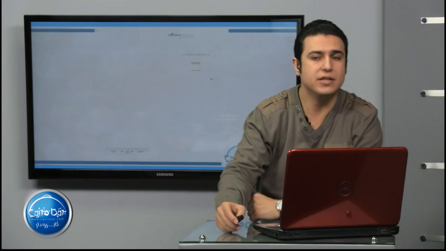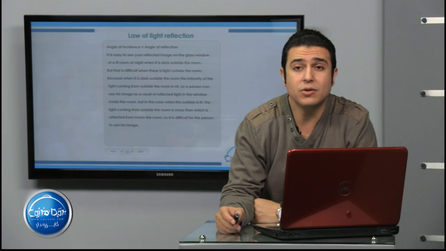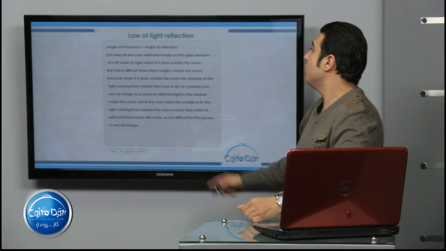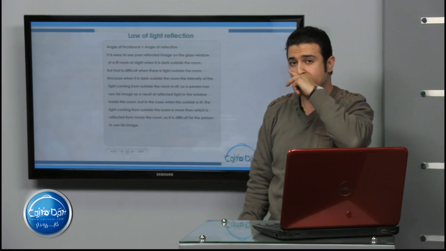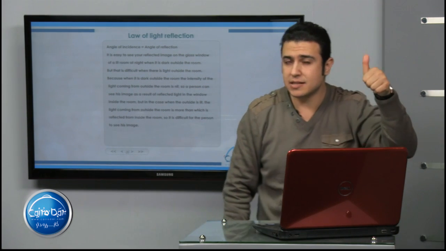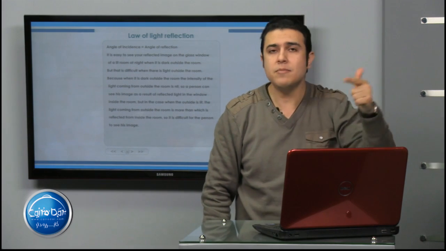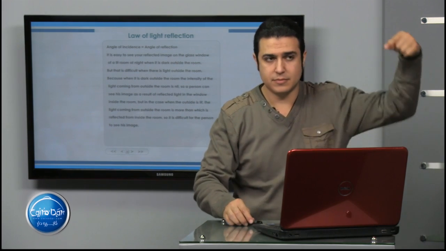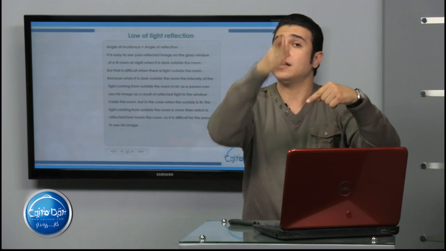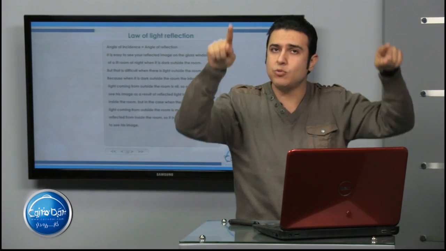That's for these definitions. What about the laws of light reflection? We have 2 laws. Number 1, angle of incidence equals angle of reflection. Number 2, the incident light ray, the reflected light ray, and the normal all lie in one plane.